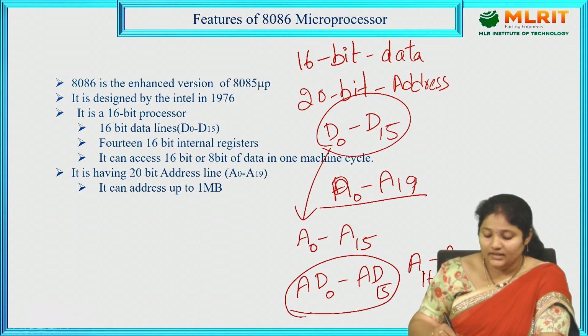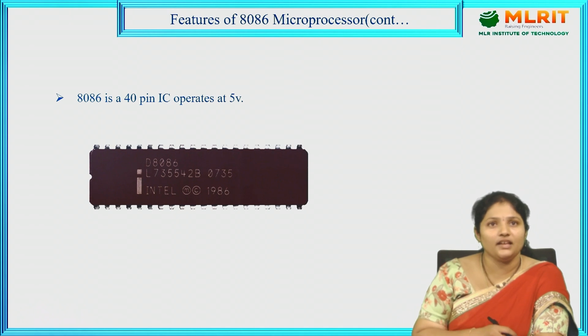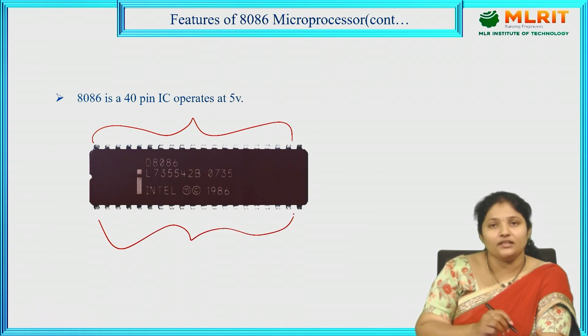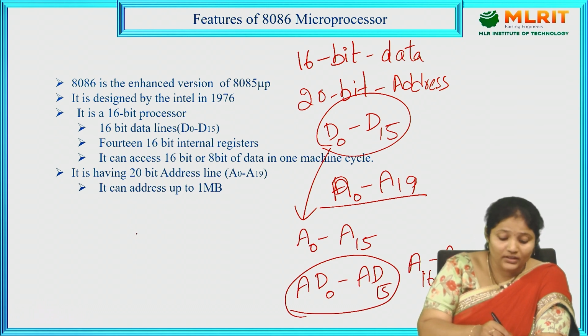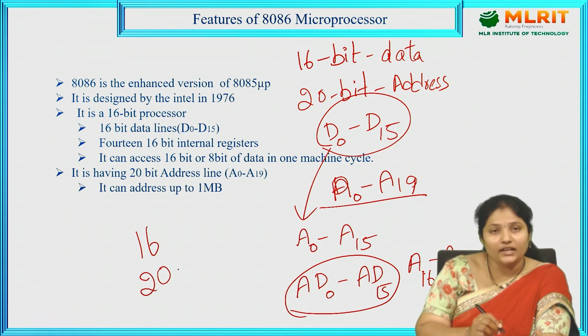These address and data lines are multiplexed because 8086 is a 40-pin dual inline package. It has 20 pins on this side and 20 pins on this side. If we gave each line its own pin, we would need 16 pins dedicated to data lines and 20 pins dedicated to address lines.